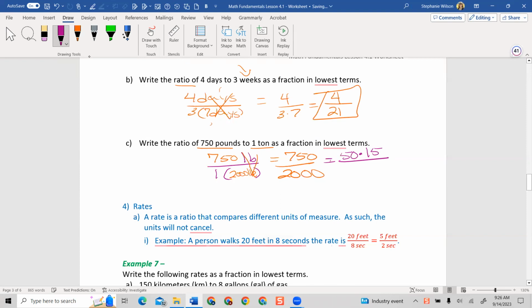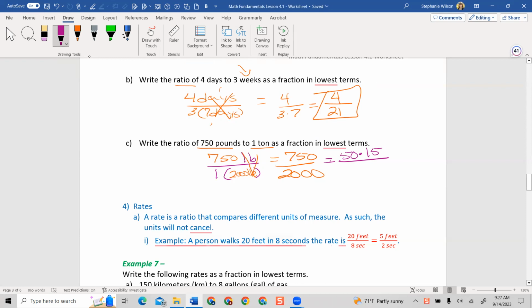And just to clarify how I figured that out, for every 100, there are 2 50s, right? And there's 7 here, so I know there's 14 plus that extra 50 left over. So it's 15. So on 2,000, now that is 100 times 20.